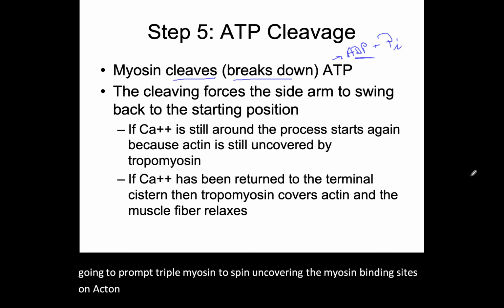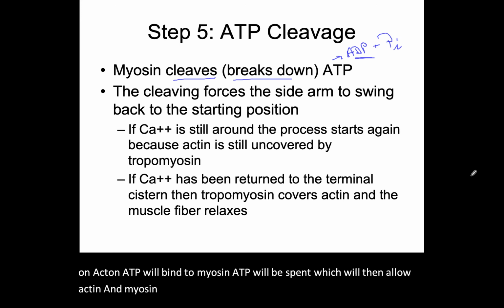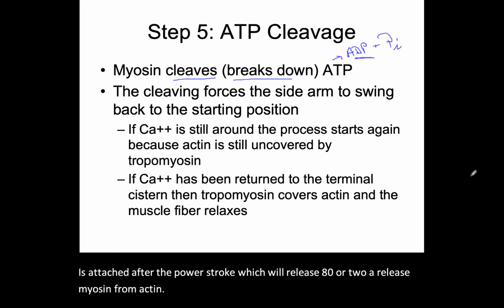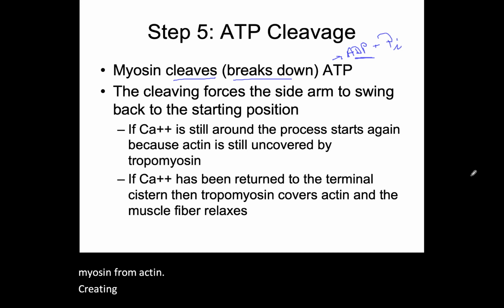ATP will bind to myosin. ATP will be spent, which will then allow actin and myosin to bind, that ADP is released, a new ATP is attached after the power stroke, which will release myosin from actin, creating ADP, which is where we are in step 5.